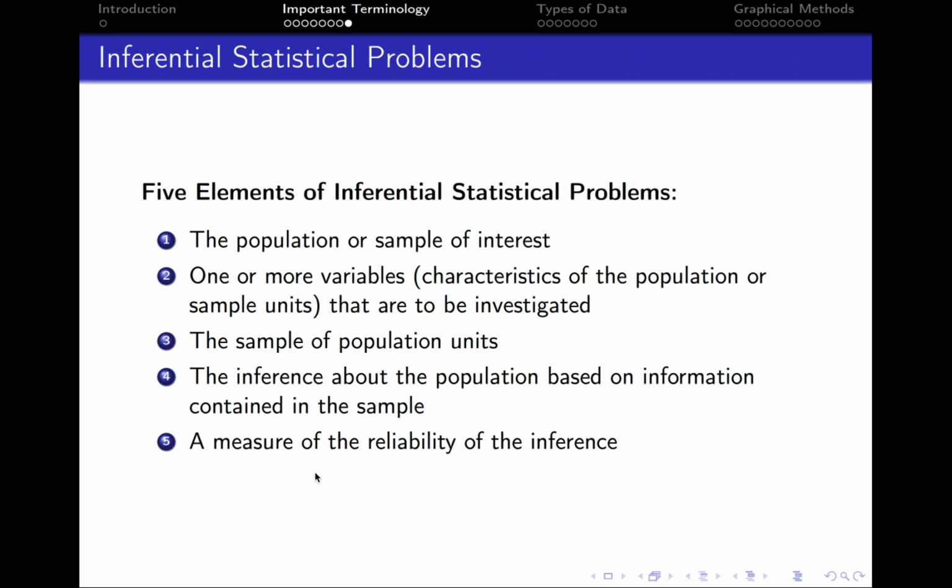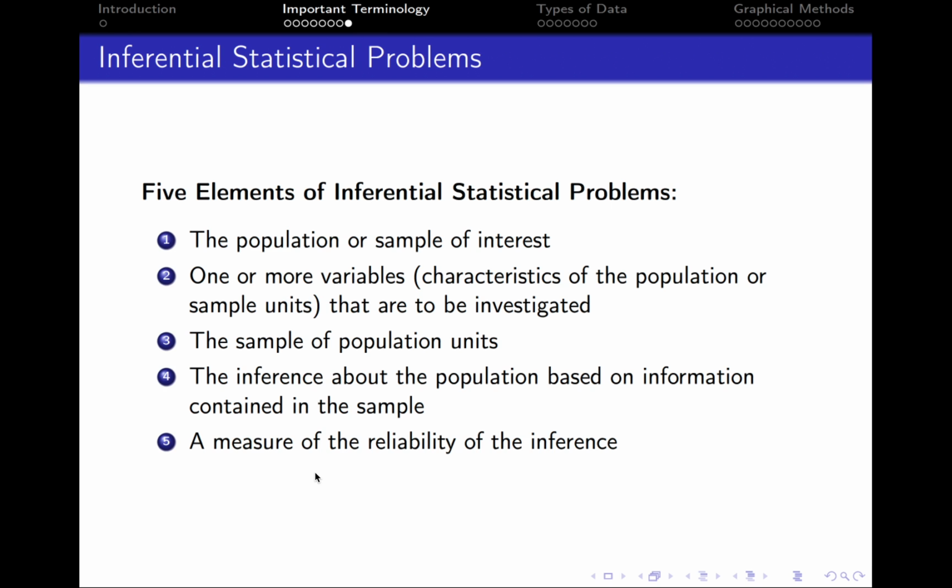And the second type of statistical application is inferential statistics, and this one includes 5 elements. So population or sample of interest, the same as in the previous case, you need to identify your population and take a sample out of it. The second element is also the same as in case of descriptive statistics. So you need to identify one or more variables, so characteristics that you would like to study.